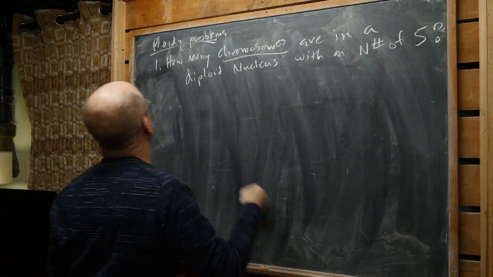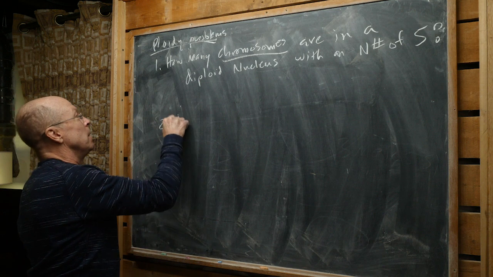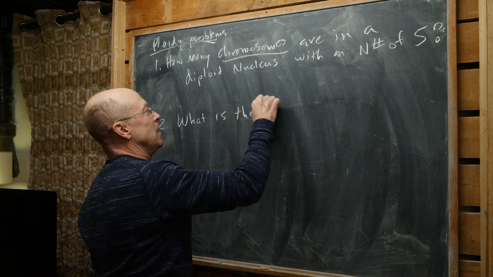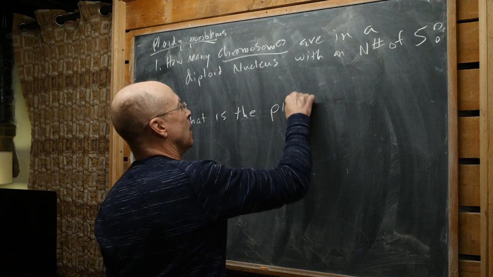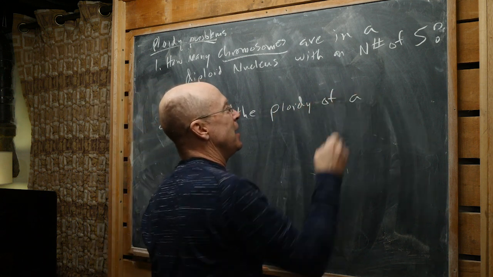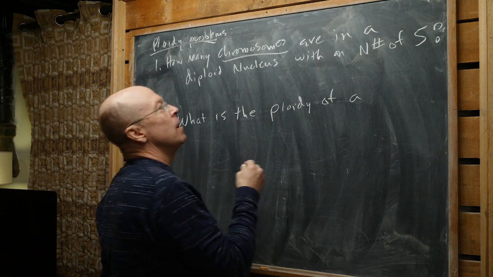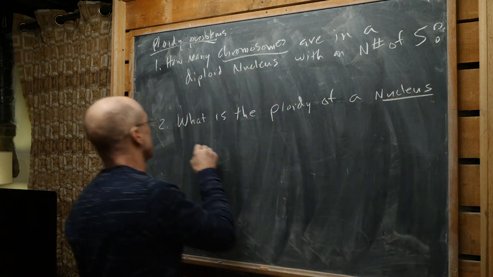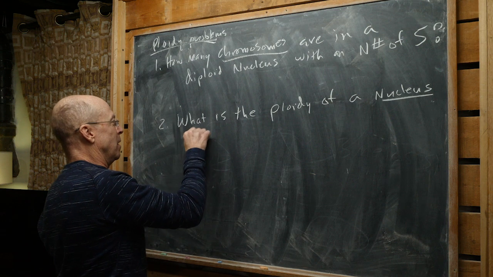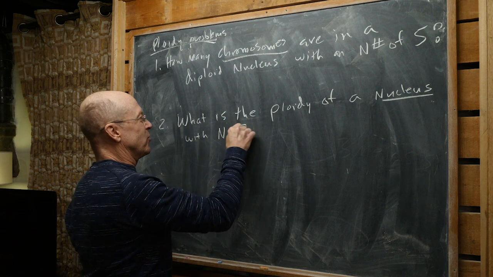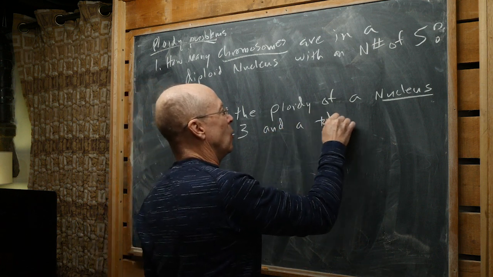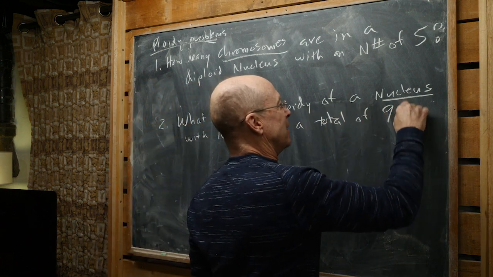So that's one to solve. Number 2 is, what is the ploidy of a nucleus with n equals 3 and a total of 9 chromosomes?